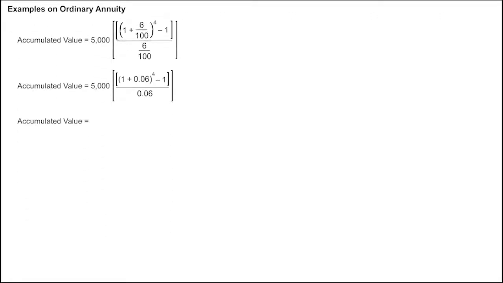So we get A equal to 5,000 [(1.06)^4 − 1] divided by 0.06.